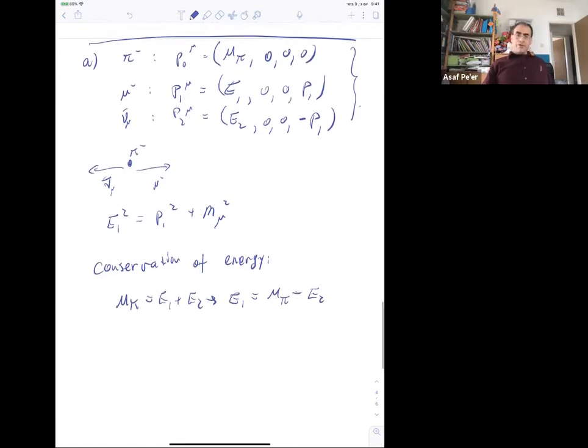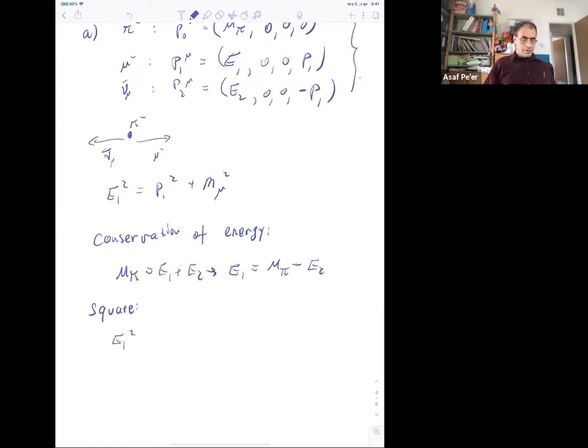Now the simplest, of course, is to square that. And we get E1 squared is just m_pion squared plus E2 squared minus 2 m_pion E2.